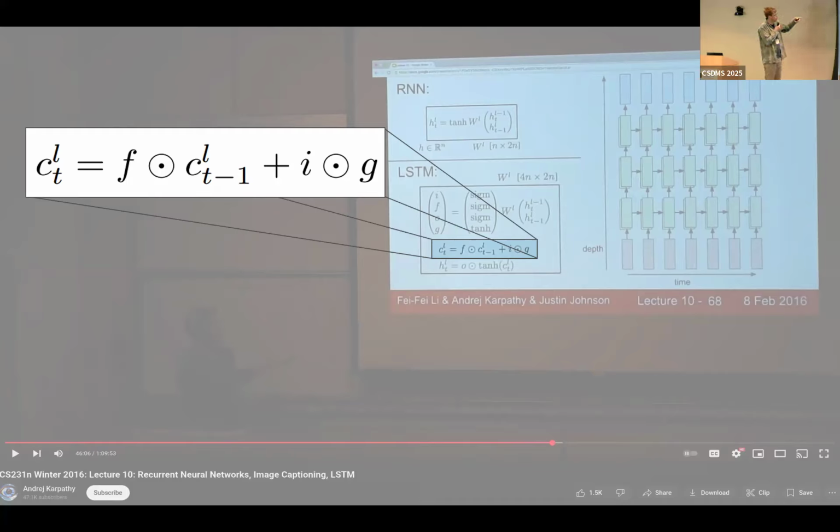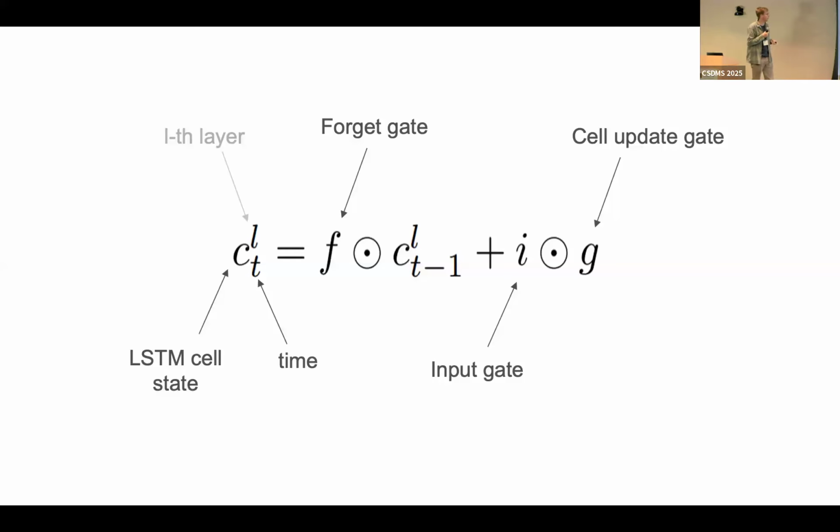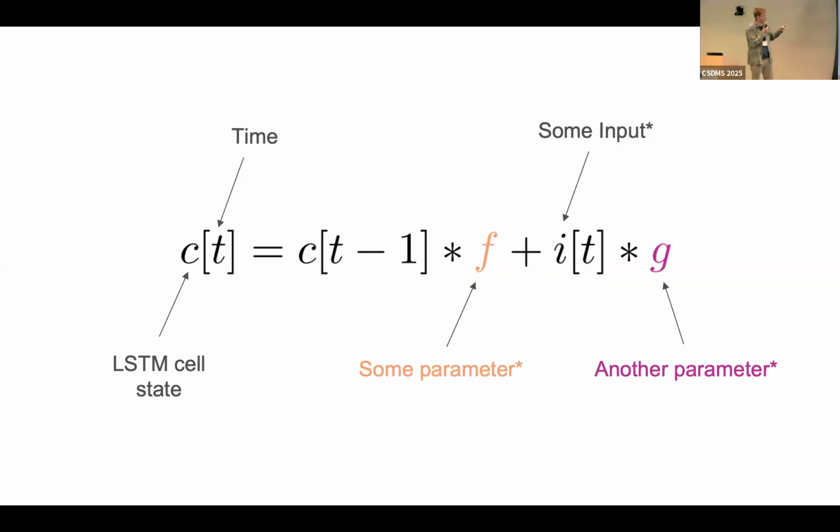And if we look at this equation, we see that the cell state of the model is a function of the previous cell state and something that they call a forget gate. And then there's an input gate and a cell update gate. Forget about the gates for the moment. If we rewrite this function, we see this equation. This is exactly the same equation that we have in conceptual storage models.